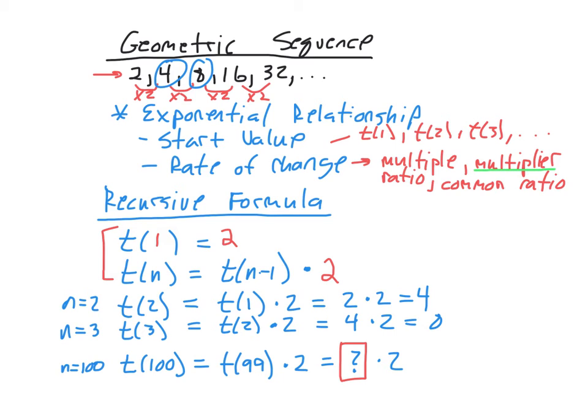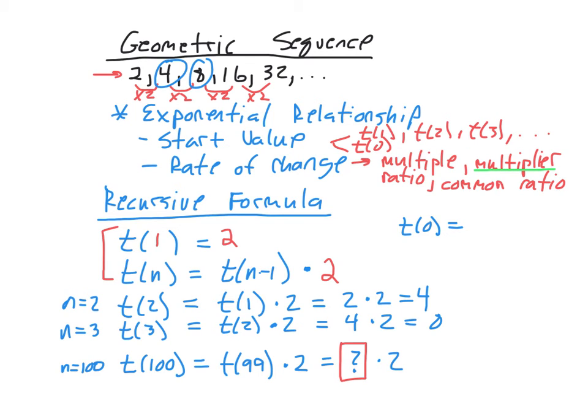Can I use T of 0 here? Absolutely. Even though it's geometric, we can still use T of 0. That still exists. And to make that, all I have to do is go backwards, just like I did with the arithmetic sequence. In other words, I start at my T of 1, in this case 2, and I go backwards using the common ratio.